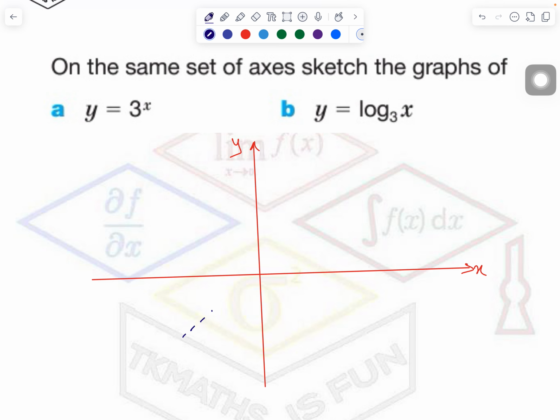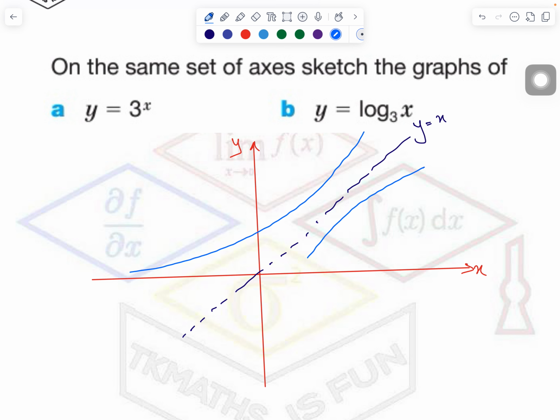So first of all, draw here the line y equals x, and you know my exponential graph will be from here passing through 1. So this graph, just like this reflection, it will pass like this, and this will be 1 for each one of them. So you can say y equals 3 power x, and this is y equals log x base 3. So I hope you understood these sketches and you will try yourself.